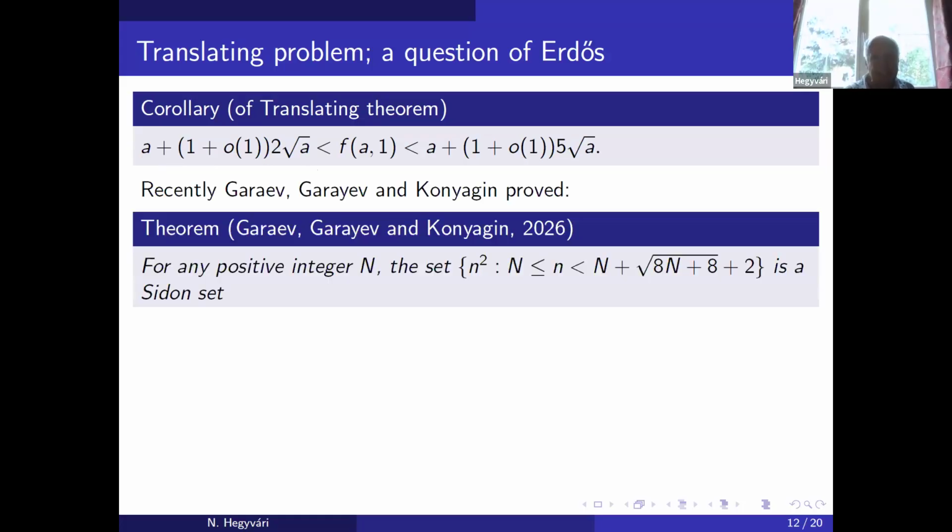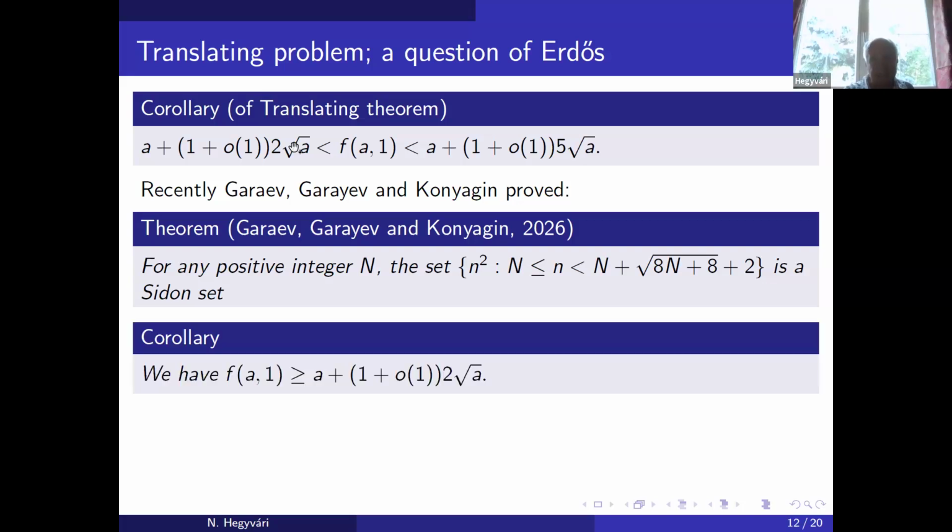And interestingly, recently Garaev and Konyagin proved the following. Sergei mentioned this result on Tuesday. Given a big integer n, consider the squares between n and n plus the square root of n plus something; that is a Sidon set. It is an interesting and exciting thing because there is a connection between this problem and the translative problem.